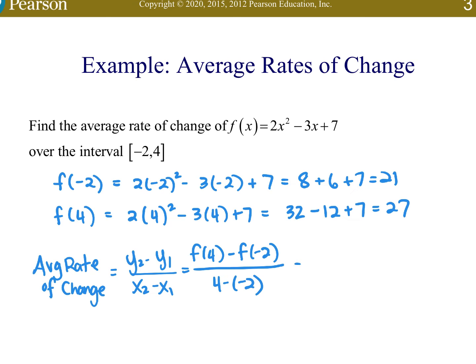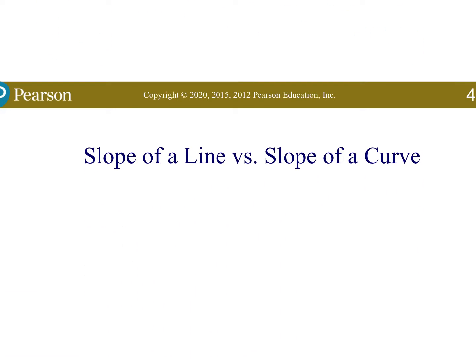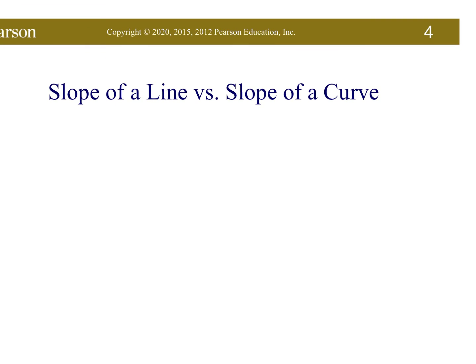So this would be 27 minus 21 over 4 plus 2, or 6 over 6, which is 1. Okay, so the average rate of change, also known as the secant slope, turns out to be 1 here. Any questions on that? All right.